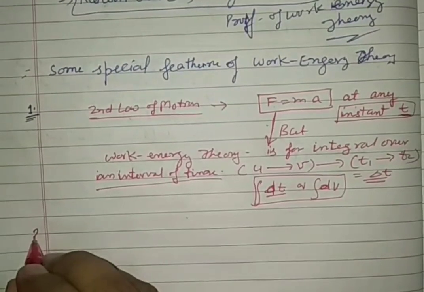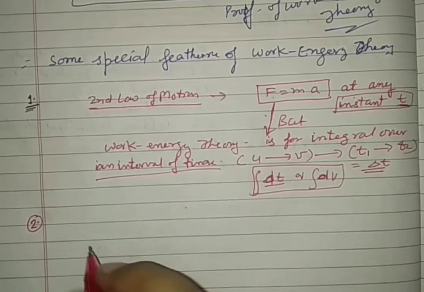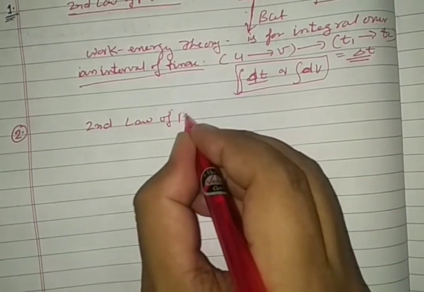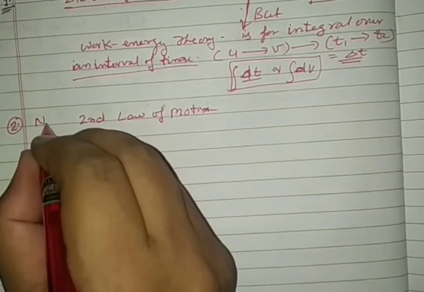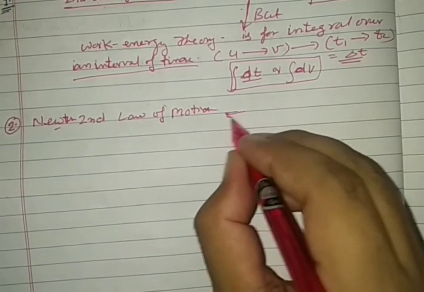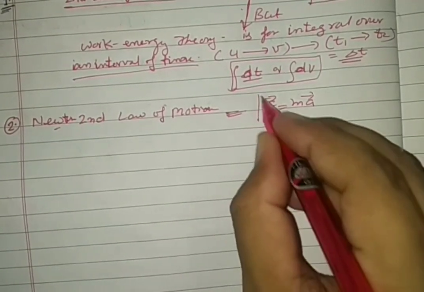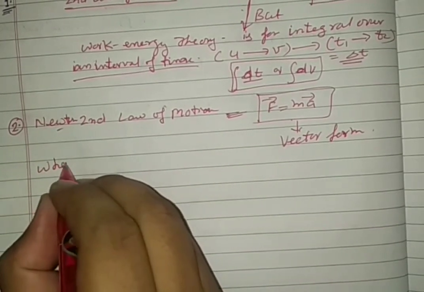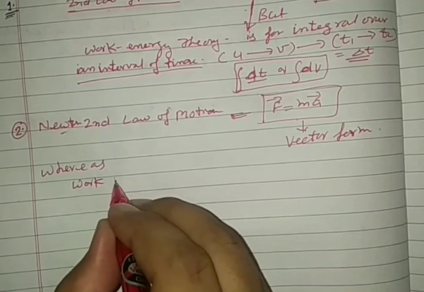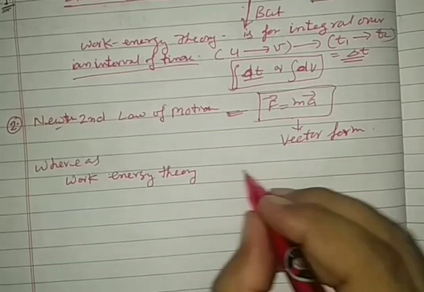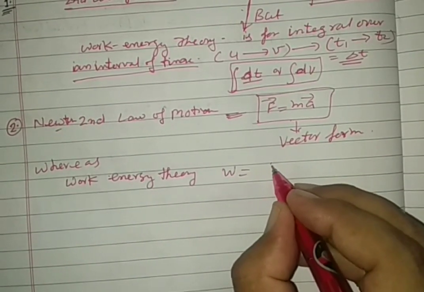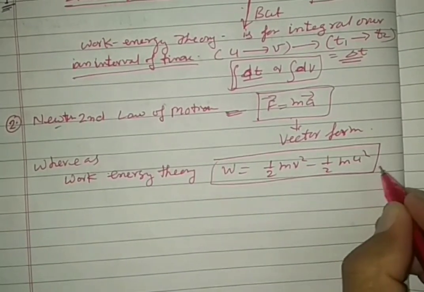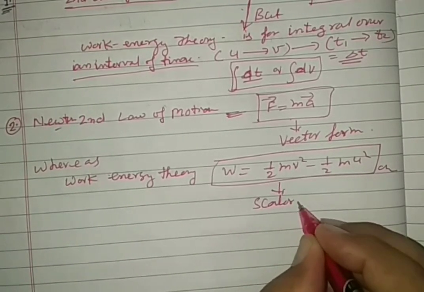Second, you see, the second point is also very important, that is, Newton's second law of motion, F is equal to ma, is in vector form, whereas the work energy theorem, in which net work done is equal to the increase in kinetic energy, that is half mv square minus half mu square on the body, is in scalar form.